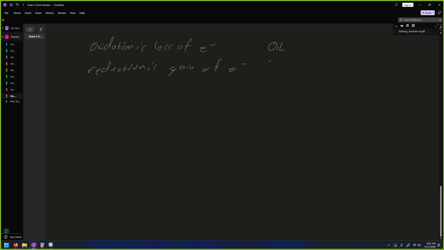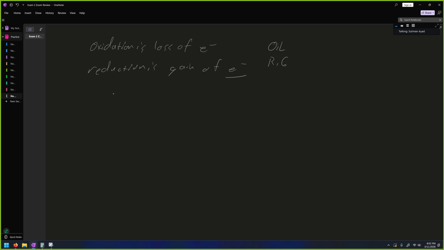We say OIL RIG to remember oxidation is loss, reduction is gain. The other way you can remember that reduction is the gain of electrons is that negative oxidation numbers match the negative charge of the electron. And so if something is being reduced, you are decreasing its overall oxidation number.